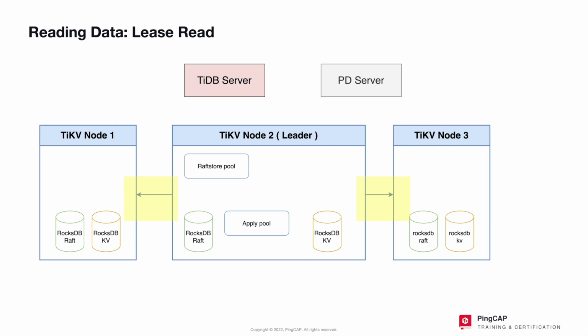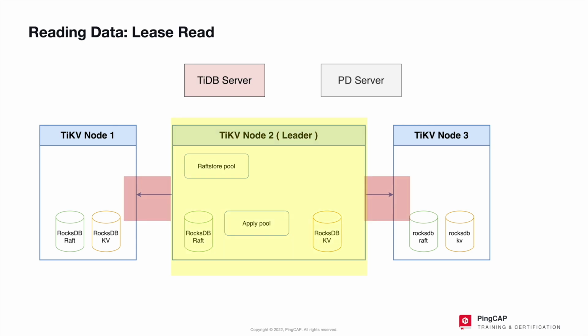We record this time point as start. If the majority of followers give a heartbeat response, followers will not initiate re-election until the election timeout period. So, even if an election occurs, the new leader will be elected after the election timeout minus the clock drift boundary. We call this period a lease, or a lease period.